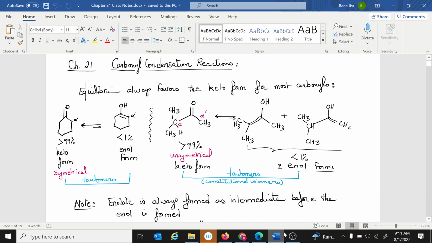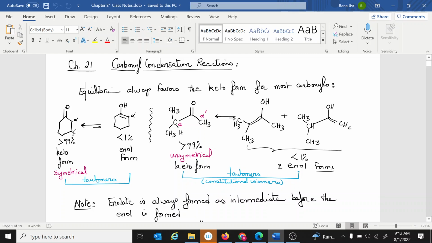Okay, guys, so last time in chapter 20, we explained that carbonyls undergo a process called rearrangement. Rearrangement is tautomerization, where you go from a keto form to an enol form.